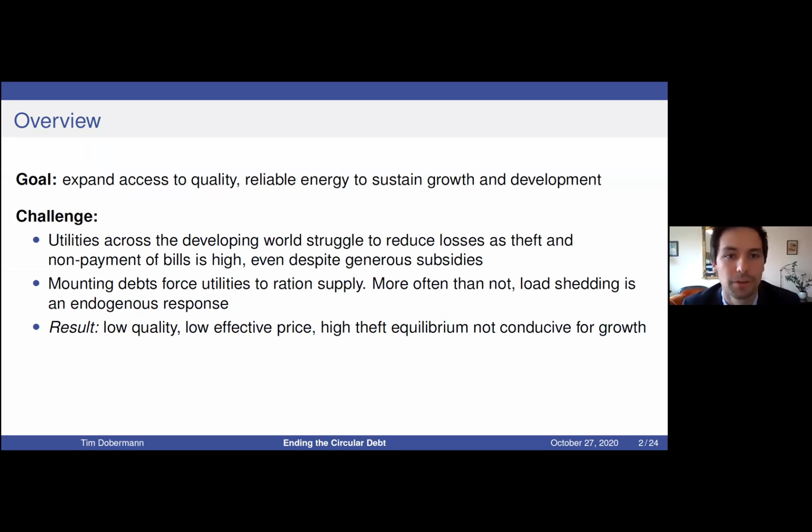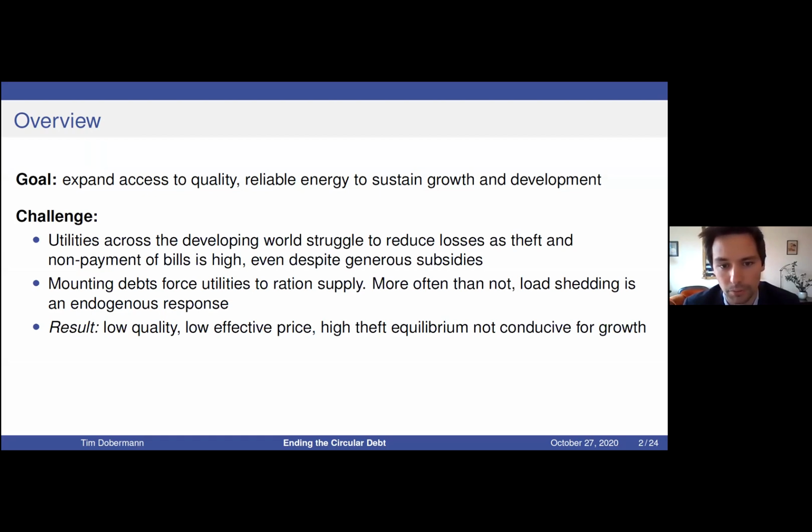So what I want to develop first is a conceptual way of thinking about how some of these problems, which we attach terms like circular debt to, emerge. One of the core points I want to argue is that these mounting debts from utilities, whether from losses or mispriced energy, ultimately culminate in forcing utilities to ration supply.